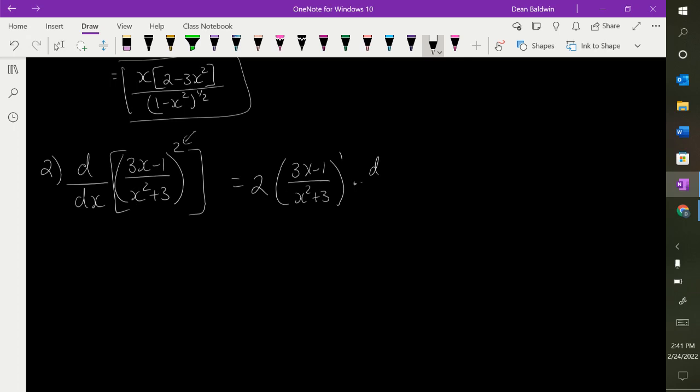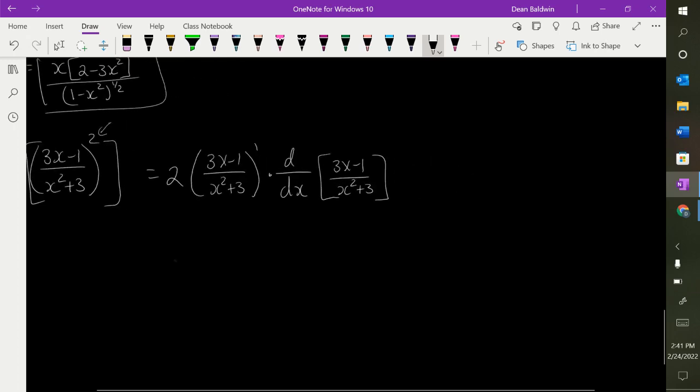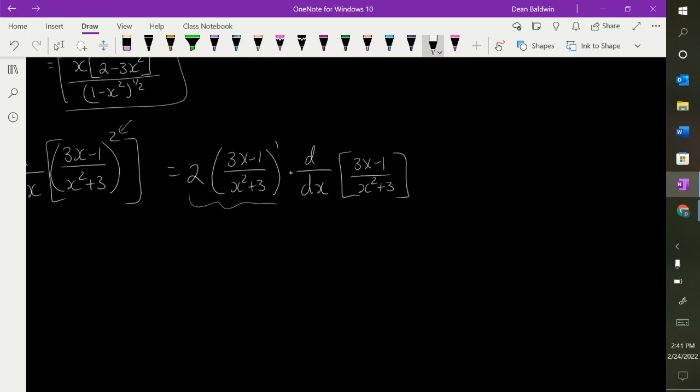I'm just going to say this. Now, normally I wouldn't do this, but this is what I'm going to do. And the inside is going to be this. Okay, so this is the outside derivative.